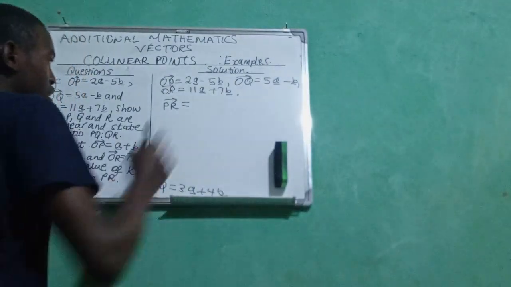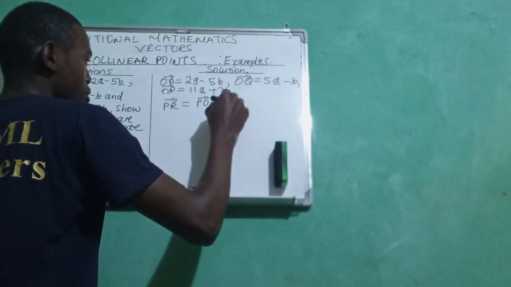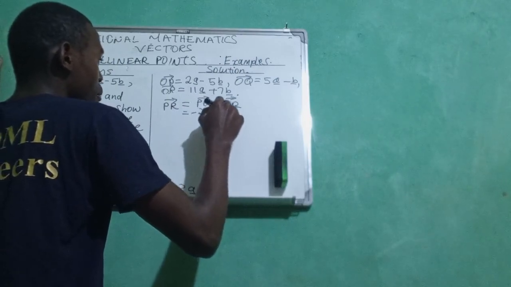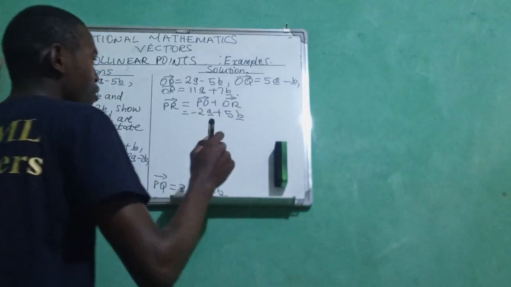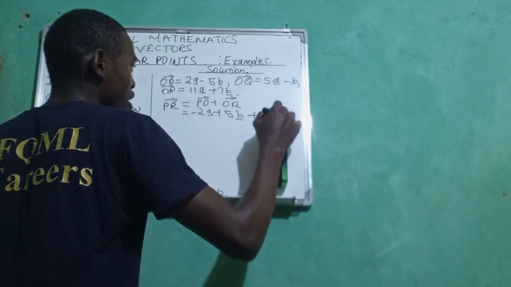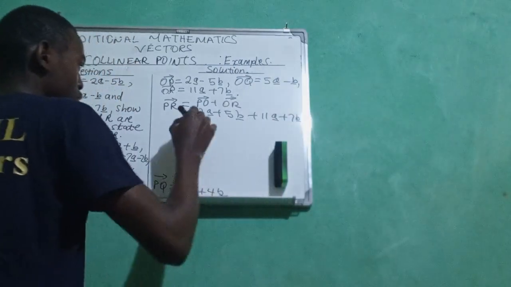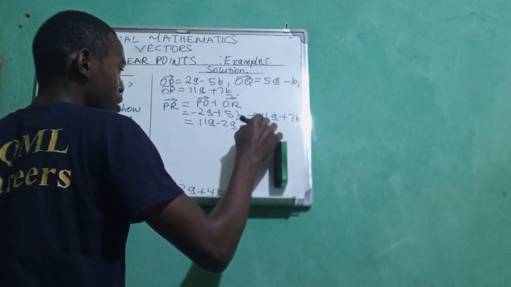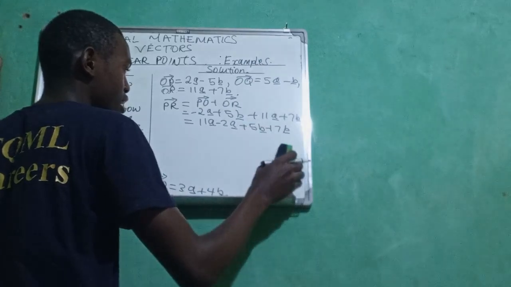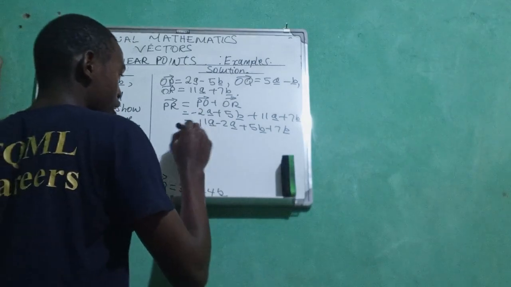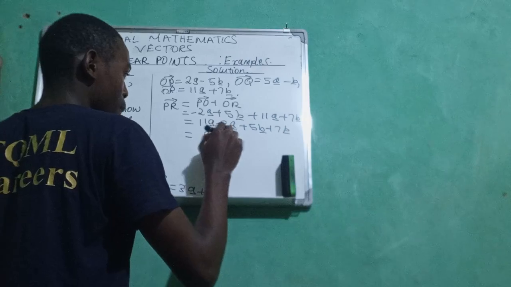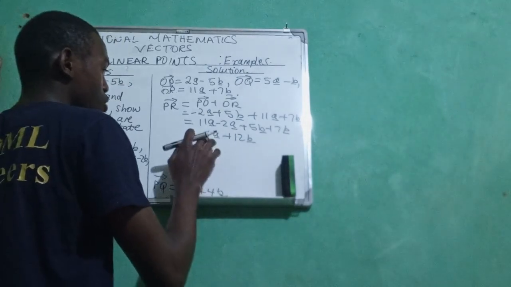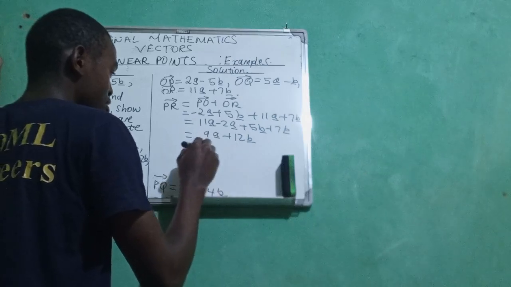Alright, so PR is equal to PO plus OR. PO is minus 2 of vector A plus 5 of vector B. OR is plus 11 of vector A plus 7 of vector B, which will be equal to 11 of vector A minus 2 of vector A plus 5 of vector B plus 7 of vector B. If we simplify, this will be 9 of vector A plus 12 of vector B. There is a number which can go into 9 and 12, and that is 3.